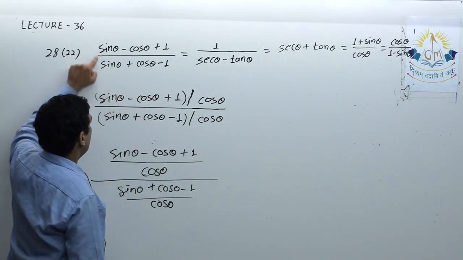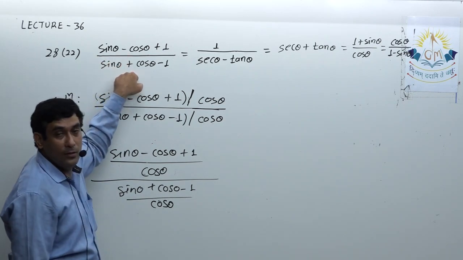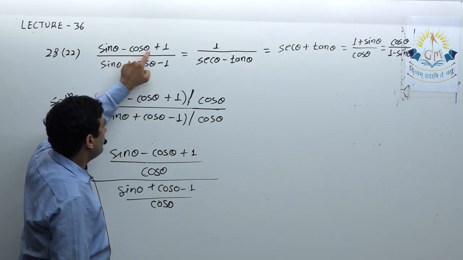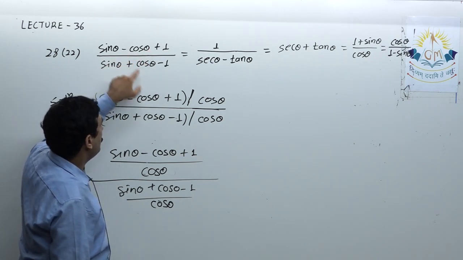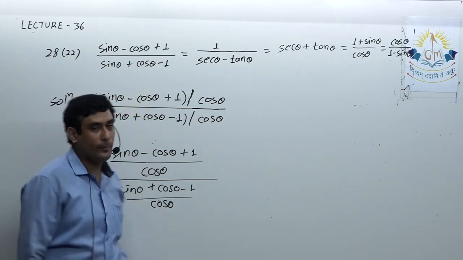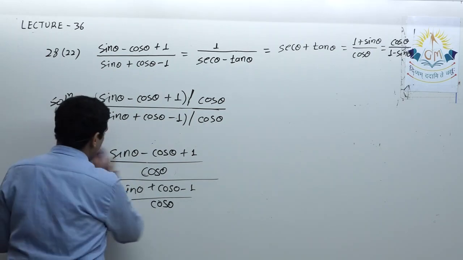Here sin theta is positive, sin theta is positive. Here cos theta is negative, here cos theta is positive. That means the trigonometric ratio cos theta has a different sign in the numerator and the denominator. So I should divide by cos theta simply. Okay, so now we will start this.